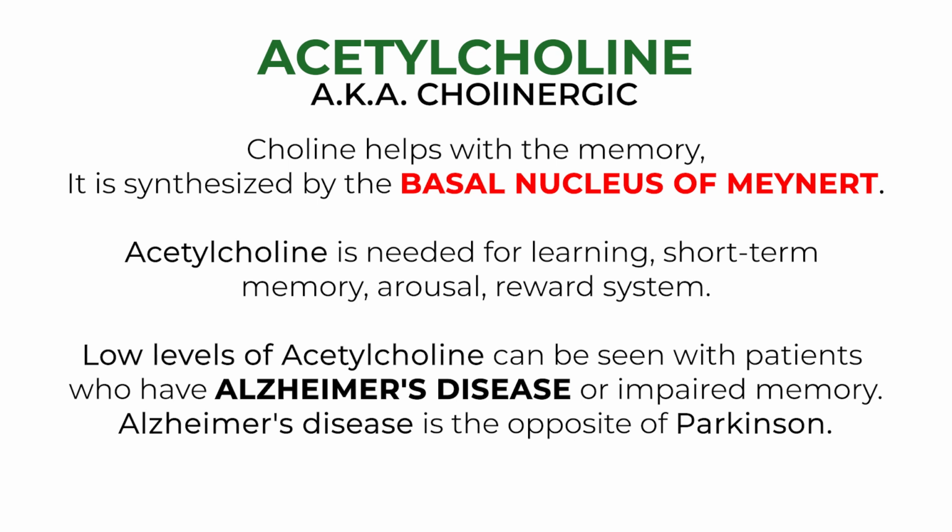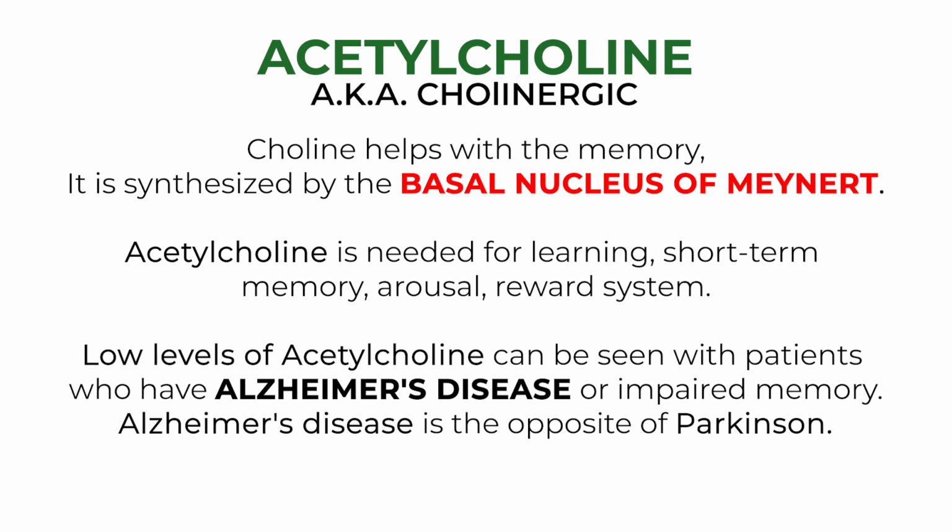So how do we want to bring this in? When we have a low level of acetylcholine, patient is likely going to have Alzheimer's disease or any impairment in memory. And how do you remember this? Alzheimer's disease, we have A and L, which is the first letter and the second letter.